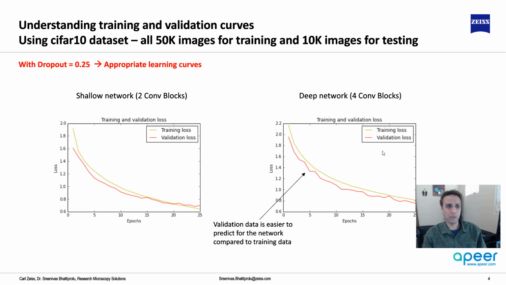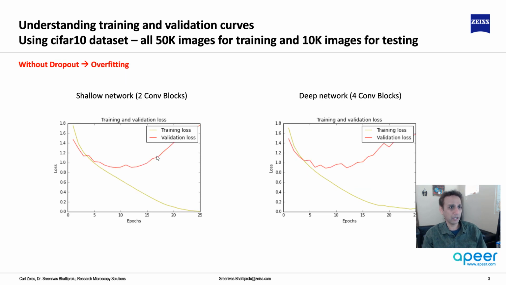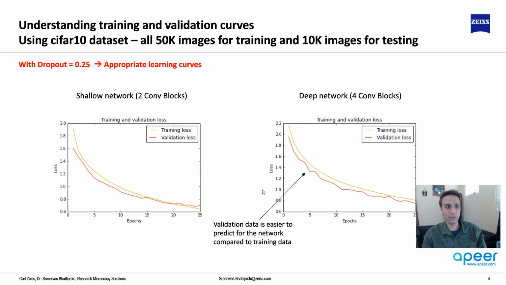Now, in case you wonder, why is your loss for validation lower than training? Shouldn't it be the other way around? I mean, typically you have your validation loss a bit higher because your training is typically better. Sometimes you see this because, for whatever reason, it's easier for the network to do well on the validation data compared to the training data.